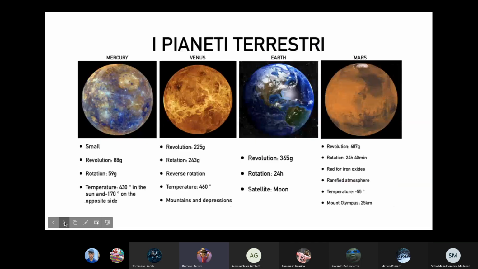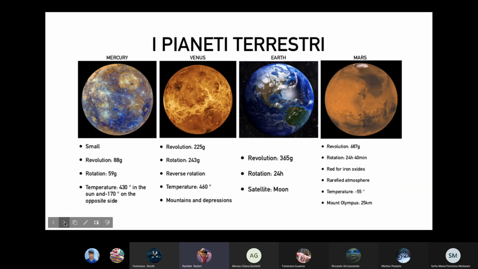Earth has a revolution of 365 days and a rotation of 24 hours. It has one satellite, which is the Moon. And finally, Mars has a revolution of 687 days, a rotation of 24 hours and 40 minutes, and a temperature of minus 25 degrees.